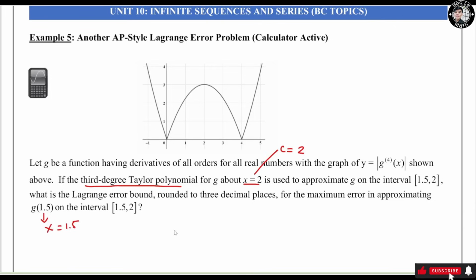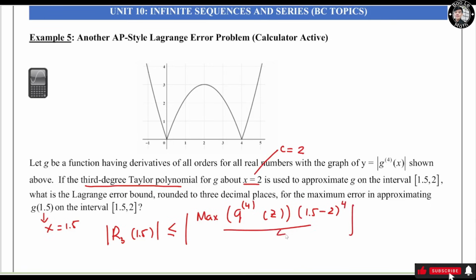So we have r sub 3 of 1.5 less than or equal to the absolute value of the maximum of the 4th derivative of g of z times s minus c, where s equals 1.5, c equals 2, raised to the 4, over 4 factorial.